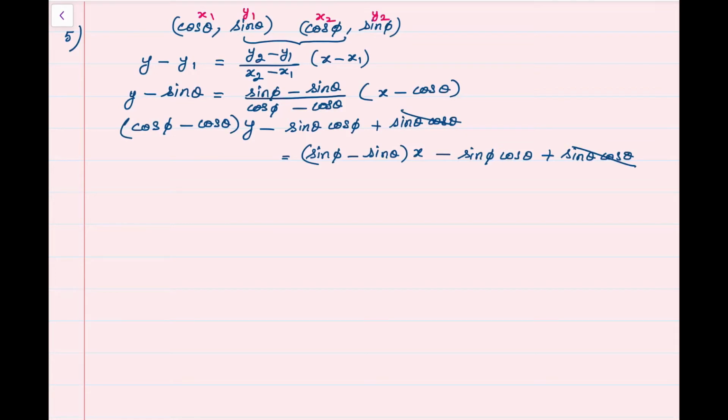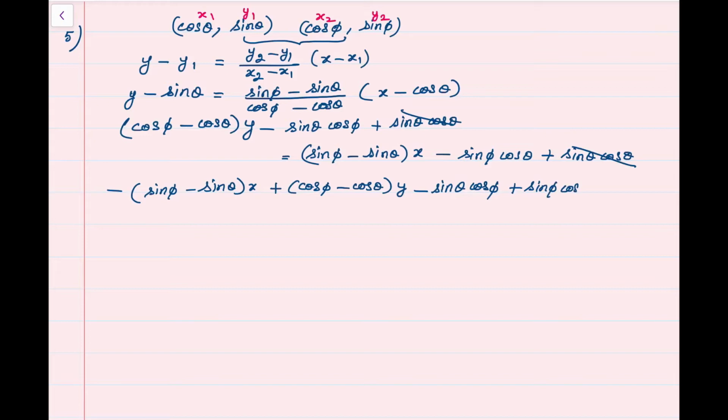Sin theta cos theta are getting cancelled. Let us take x term to the left hand side, minus of sin phi minus sin theta times x, then y term cos phi minus cos theta times y minus sin theta cos phi plus sin phi cos theta equal to 0.